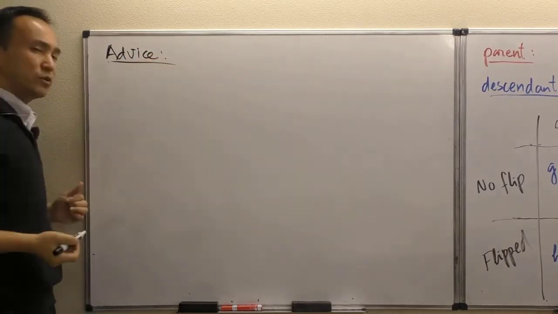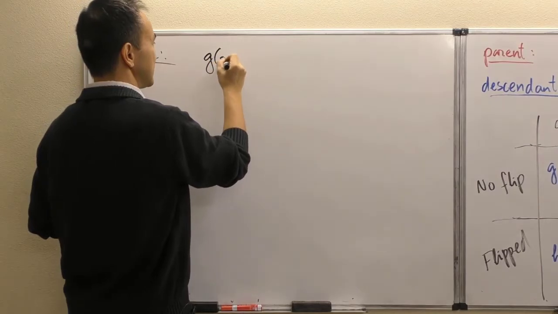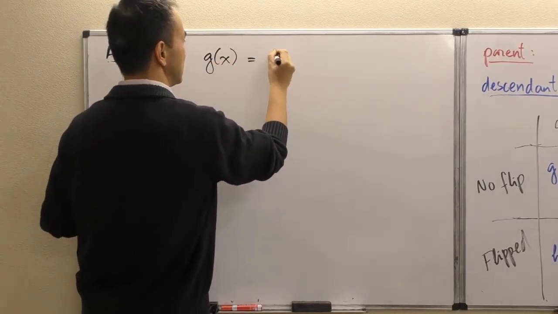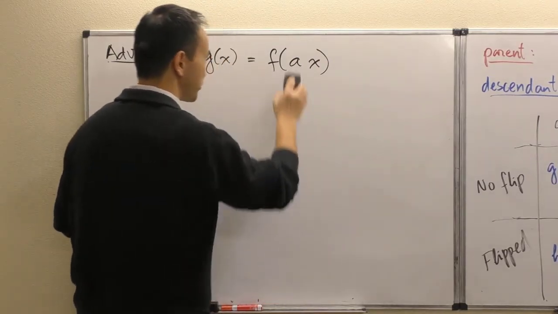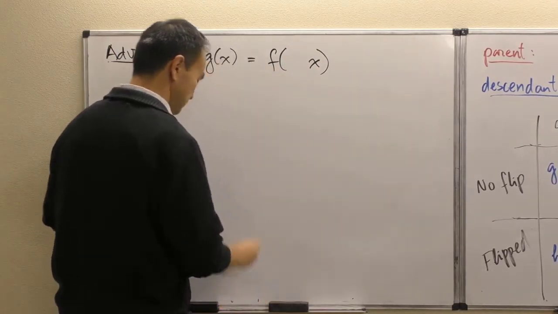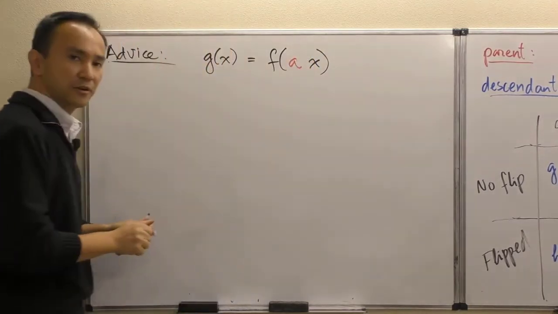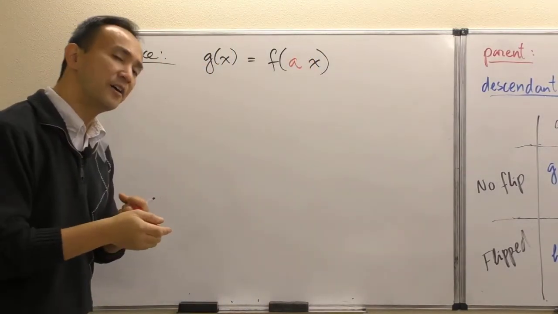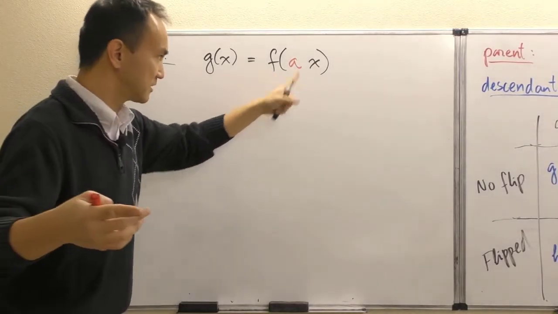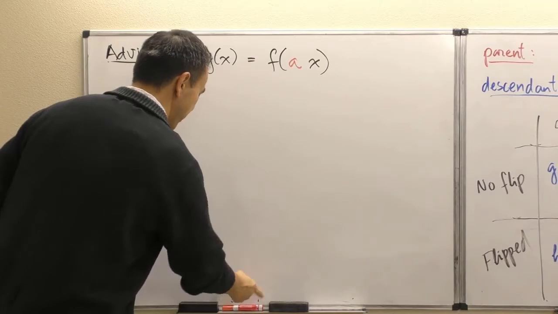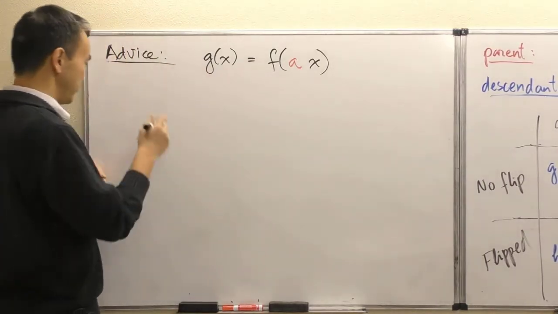Anytime we are doing this horizontal stretch for g of x that's defined as f of ax, this time a is so special, allow me to write it in red ink. If we have any function g of x that's defined as some known function f, some parent function, that takes the input ax right here, then this is what will happen to the graph.